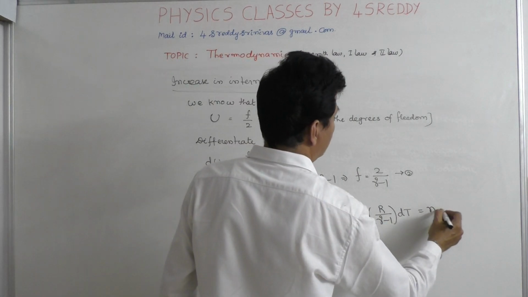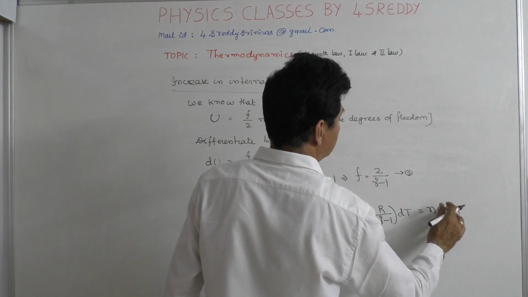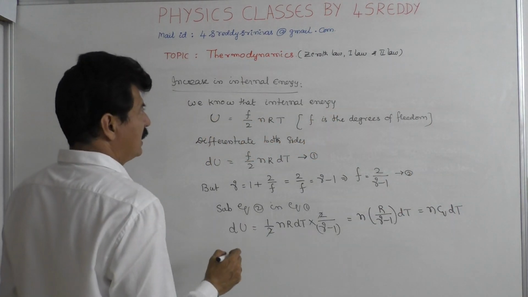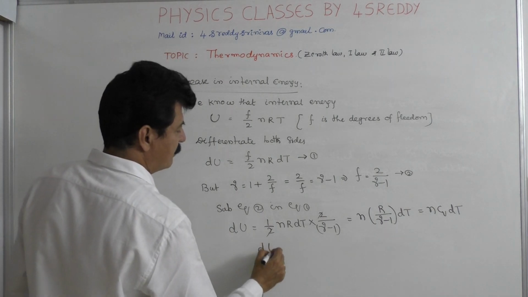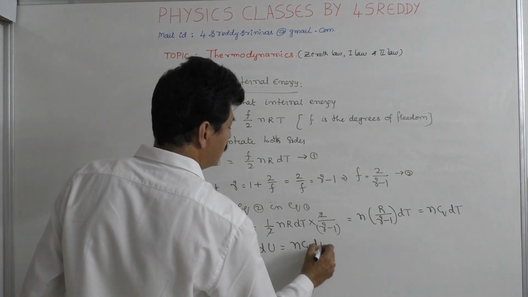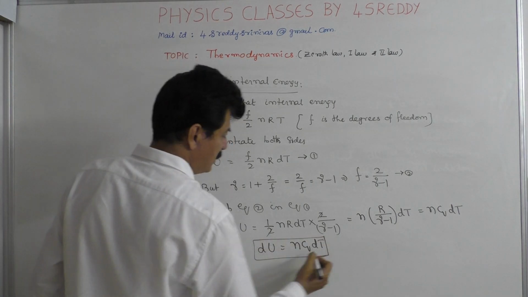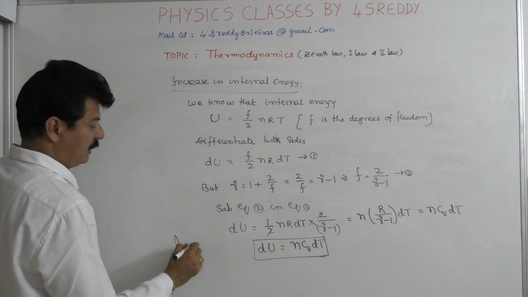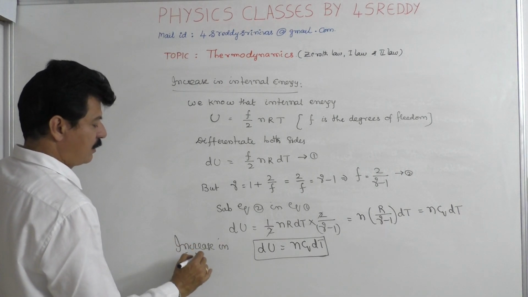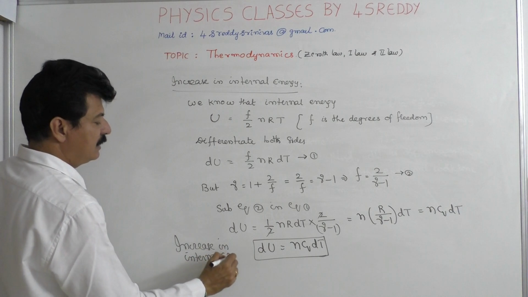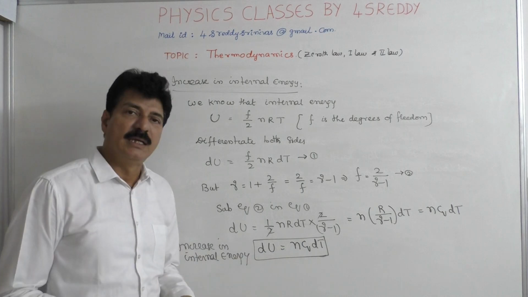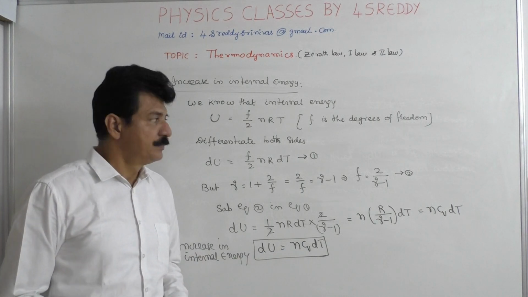This is nothing but nCv dT. Therefore, the increase in internal energy of the system is always given by nCv dT. This is the standard form: increase in internal energy is given by dU is equal to nCv dT.